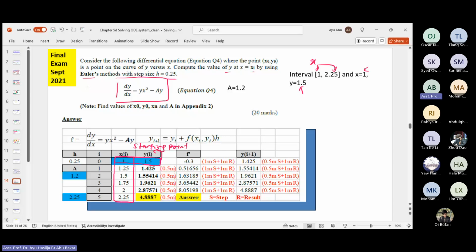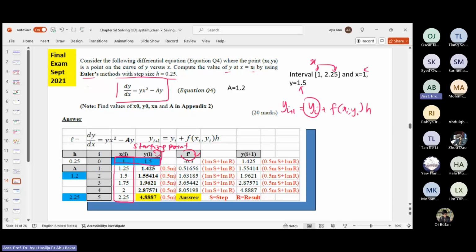Okay, in this table, it shows you the data for y_i, f. F here is the value of the dy dx. So this solution shows you step by step each of the values. Remember the Euler is y_i plus 1 equals y_i plus f(x, y) times h.